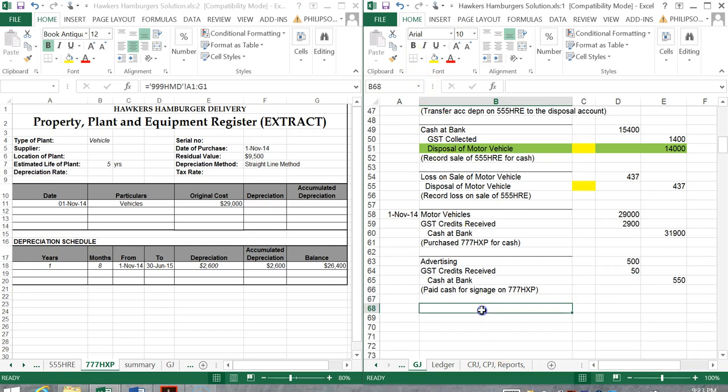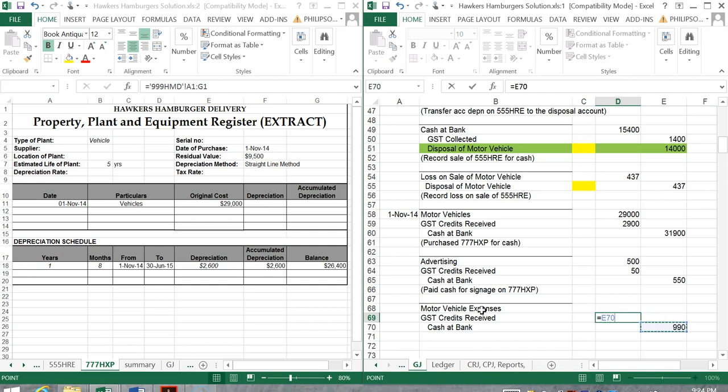Okay, same date. Motor vehicle expenses. And this was $9.90 including GST. So GST credits received. And we paid with check, so cash at bank. Gross amount of the transaction, $9.90.